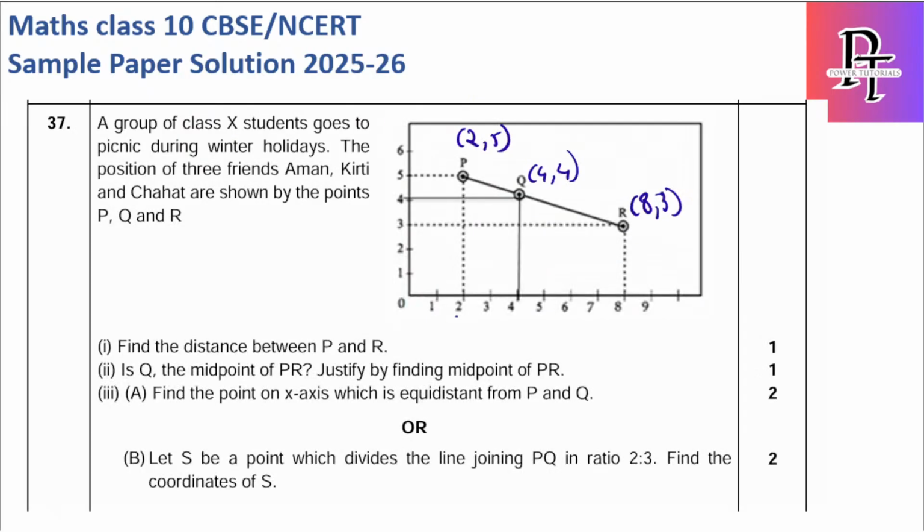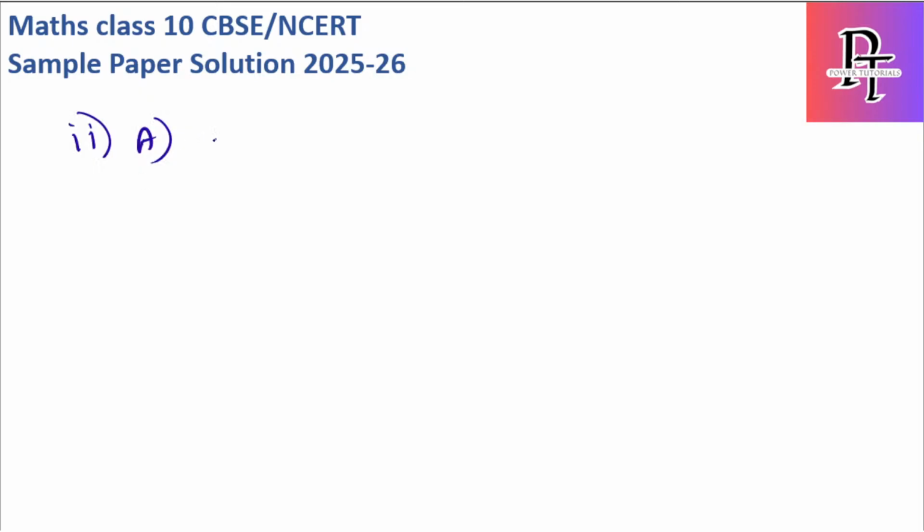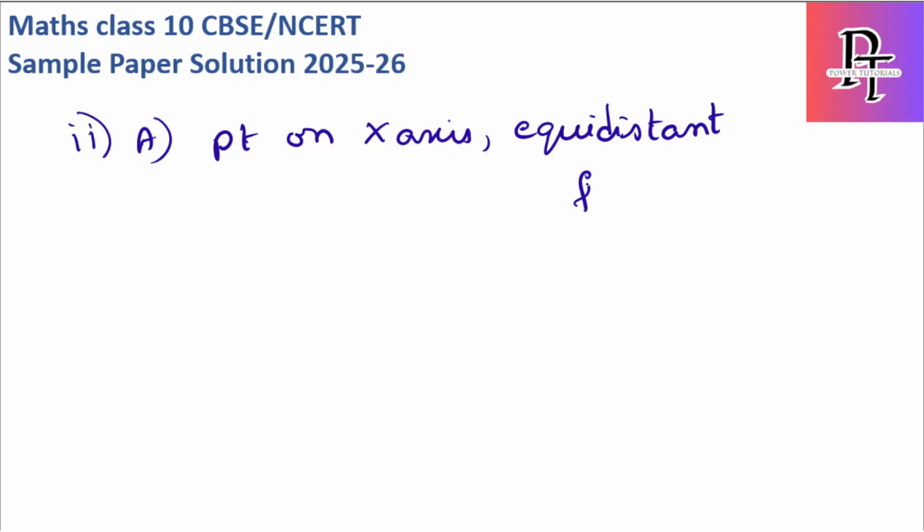Find the point on the x-axis which is equidistant from P and Q. Equidistant means it is at equal distance. Suppose this is the x-axis, and the x-axis y coordinate is 0.